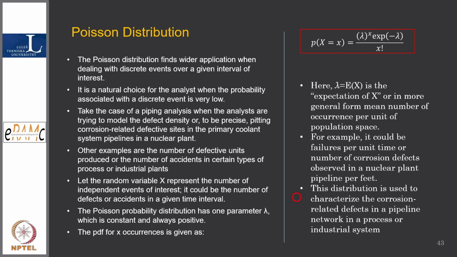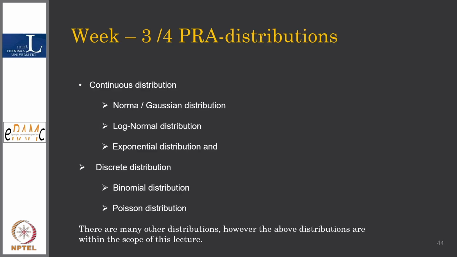So in this week we saw the normal distribution, Gaussian distribution, log normal distribution, exponential distribution, and of course the Weibull distribution. So the four: normal, log normal, exponential and Weibull. And then for discrete we have taken the binomial and Poisson distributions.